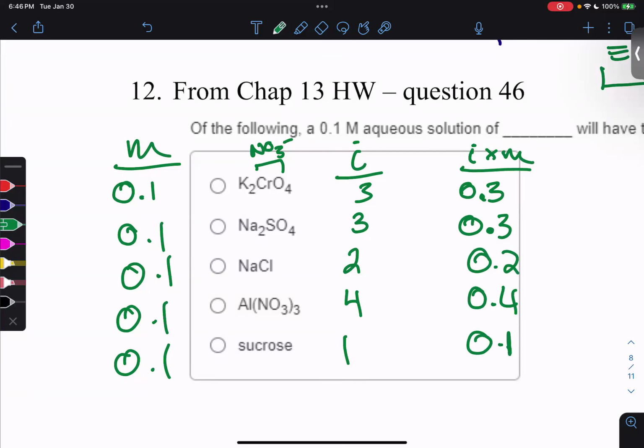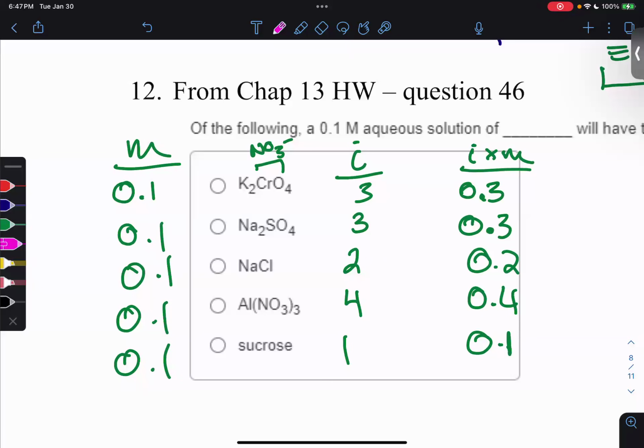So which one has the lowest freezing point? Aluminum nitrate. Which one has the highest freezing point? Sucrose, because it has the least amount of particles. Okay, how would the answer change if I asked which one has the highest boiling point? It's freezing point depression, boiling point elevation.